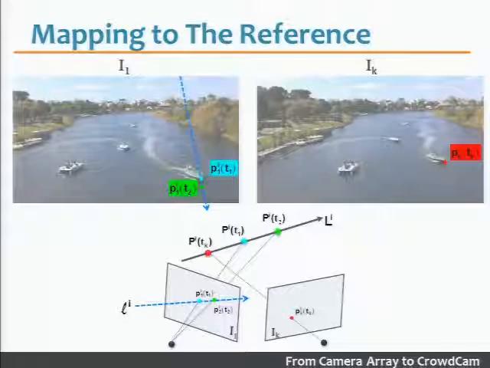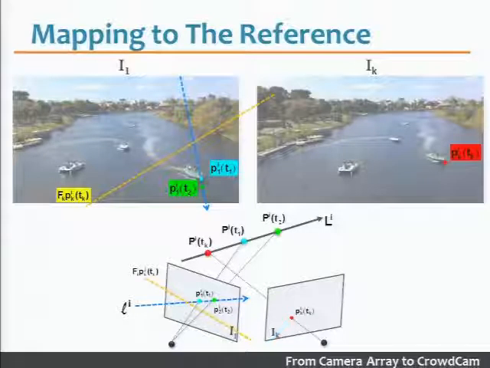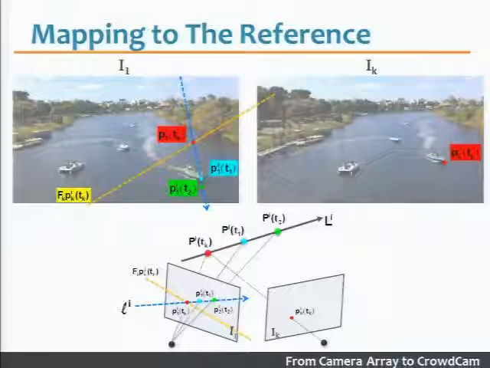This will give us the projection of the 3D line onto the image plane. Now, if I have another corresponding image Ik, I can compute its projection to I1 by taking the intersection between the epipolar line and the motion line. This gives us the mapping to the reference image. It's very important to note that we don't care about the exact location of the points on the image plane. All we care about is the relative order.